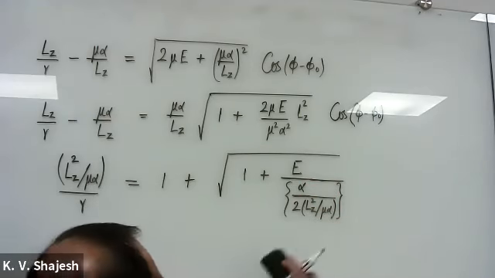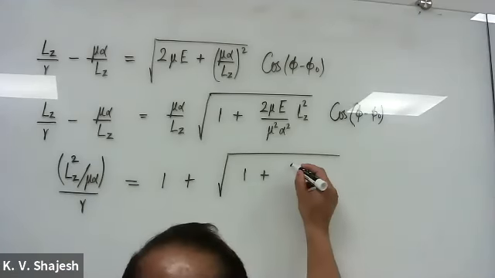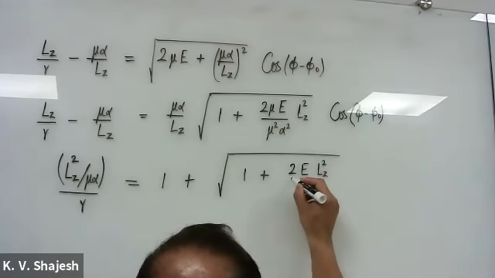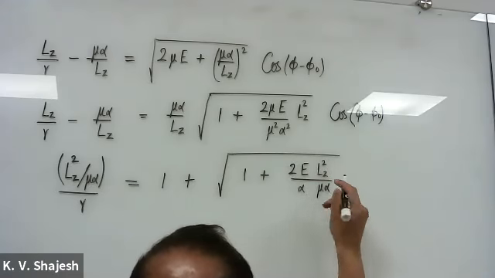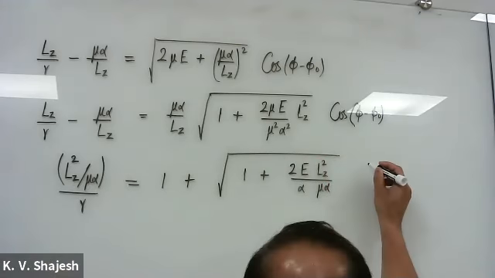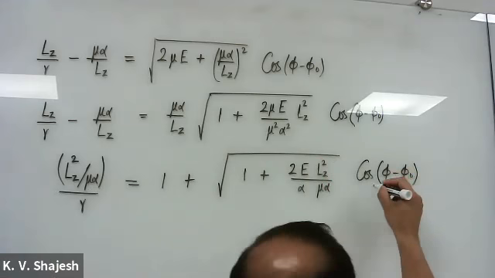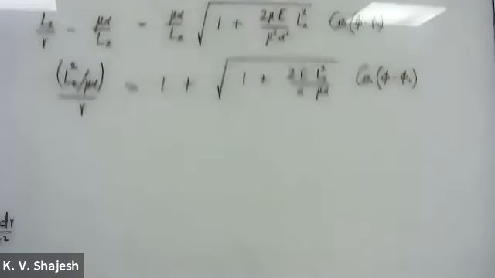Maybe at this point, just leave it as it is. So let me write this 2 times E LZ square over alpha mu alpha. That's alpha. Okay. Better. And that is cosine of phi over phi. That's all.